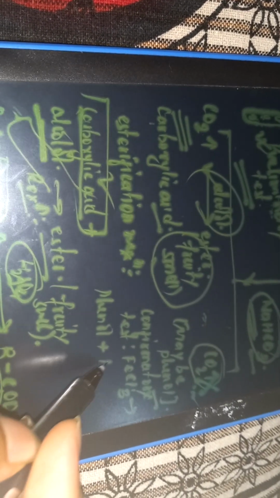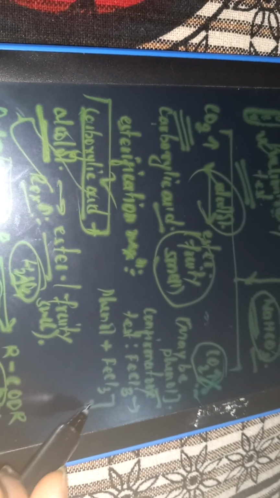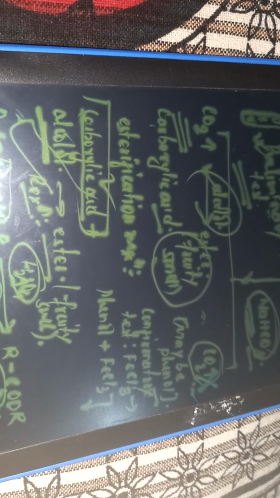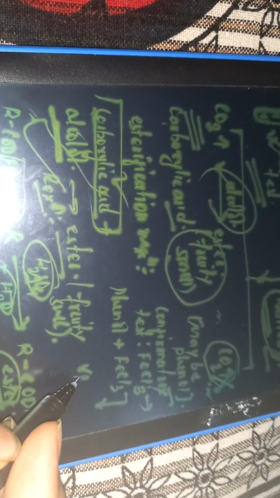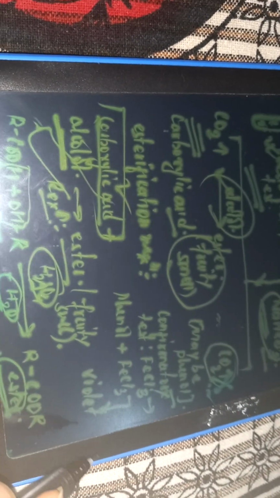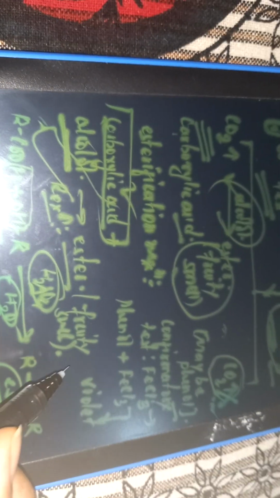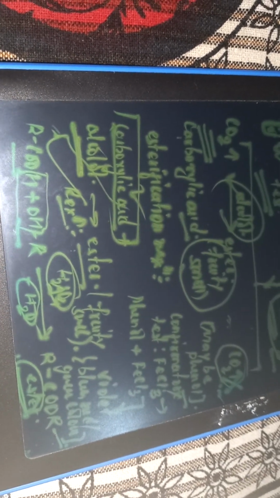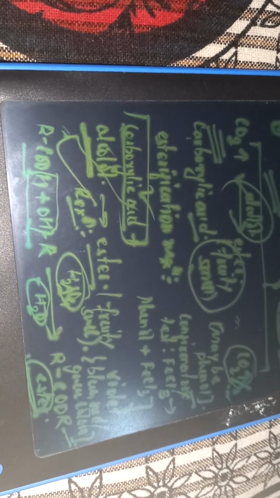If phenol reacts with FeCl3, then it gives a violet color. If you couldn't recognize the violet color, you can write blue, red or green color. I hope you understood this.